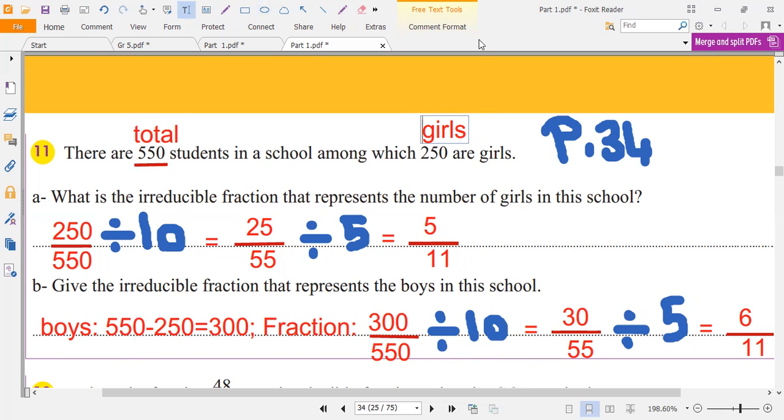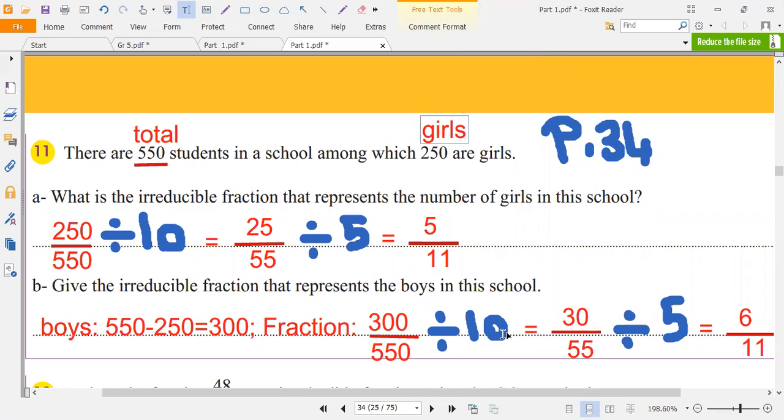And now we have to reduce this fraction. We can reduce this fraction using successive divisions. So we can divide this fraction by 10 because the ones digit in the numerator and the denominator is 0.